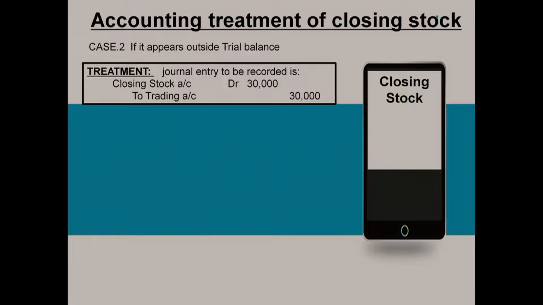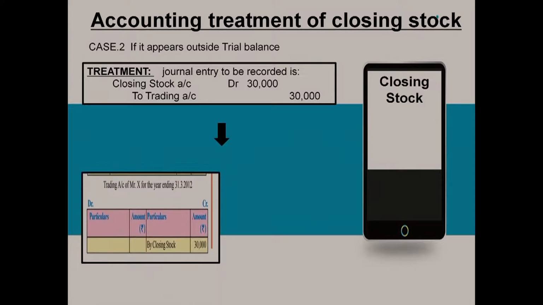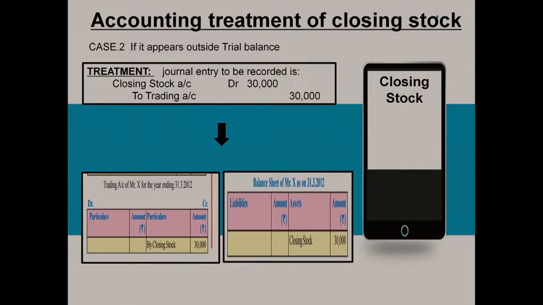A journal entry is to be made: closing stock debit to trading account. Then it will come to the trading account, where you will write 30,000, and in the balance sheet again it will go as 30,000. So this you have to remember. Trading account is the credit side and balance sheet is the asset side.